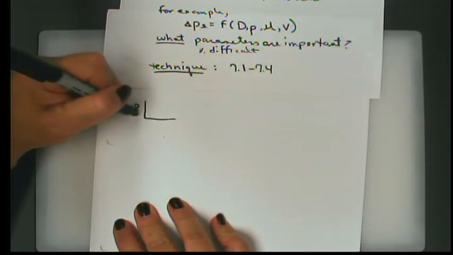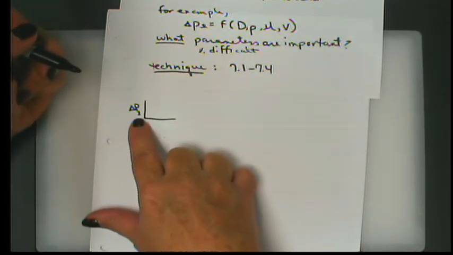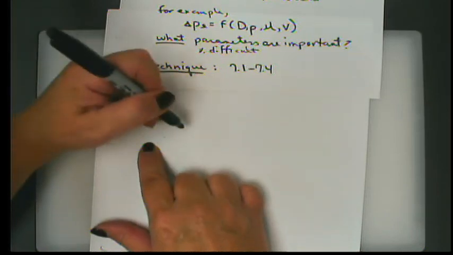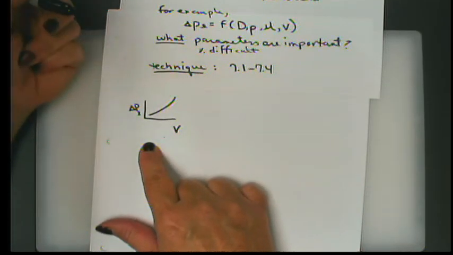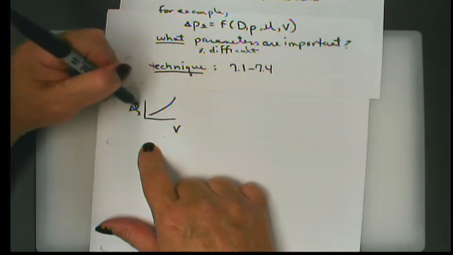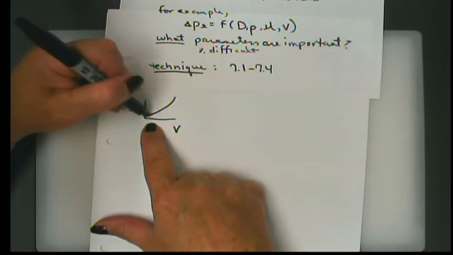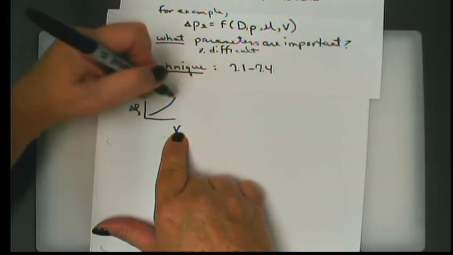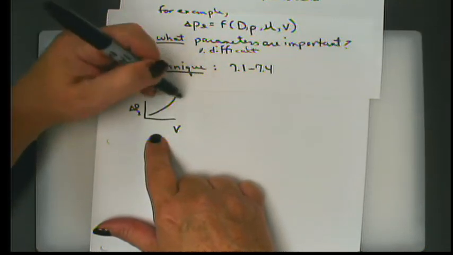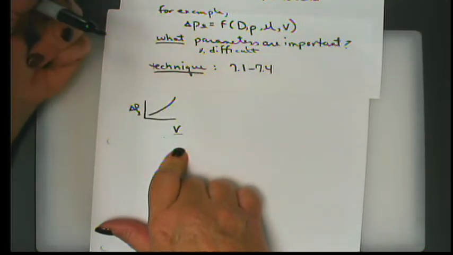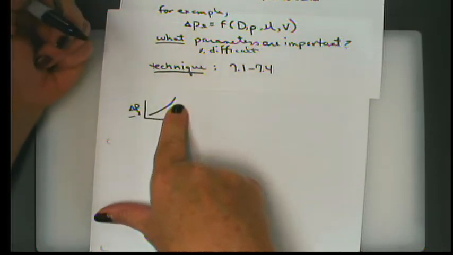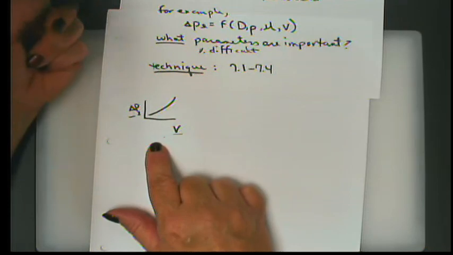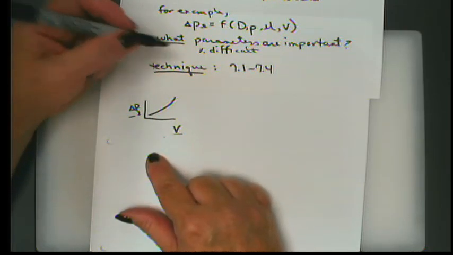So, for example, we could say the delta P is a function of velocity, and my data points look like this. So, in other words, at lower velocities we have lower pressure drops, because this would be the independent variable and this would be the dependent variable, and that we have a nonlinear proportional increasing relationship.